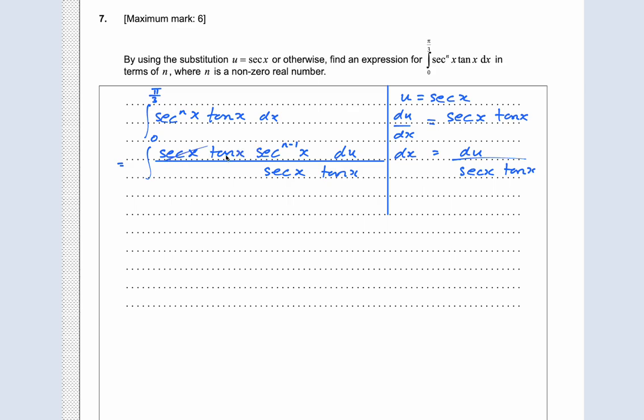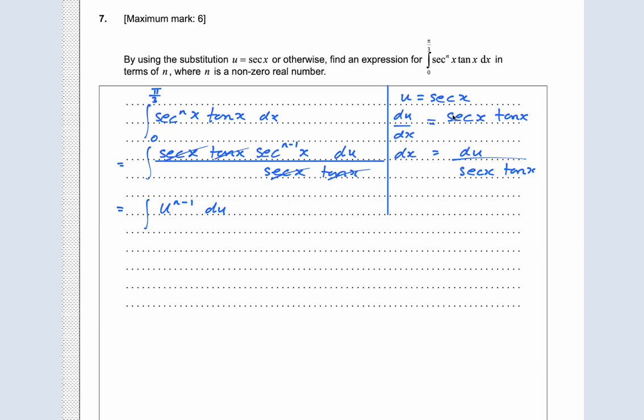This cancels with this, this cancels with this, this cancels with this, and this cancels with this. But this is equal to the integral of u^(n-1) du. Because sec x is u. U is sec x, so sec^(n-1) x is u^(n-1).